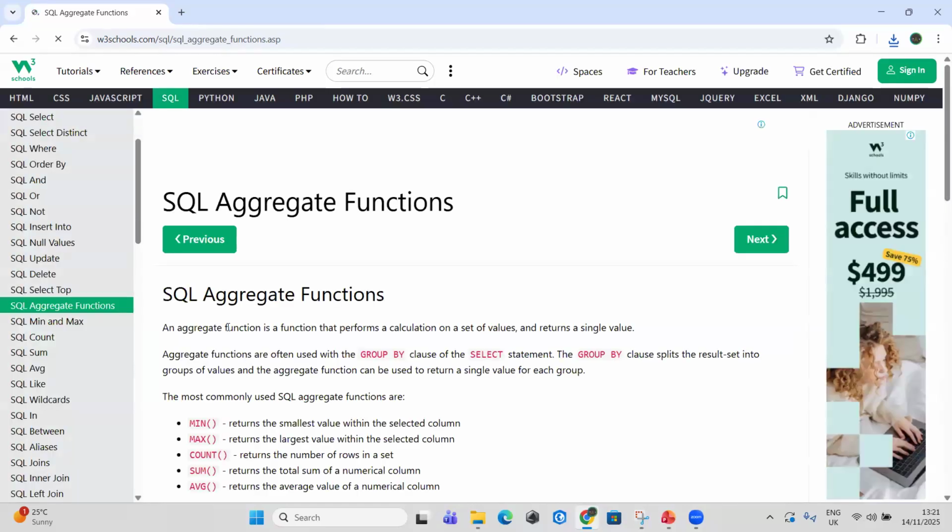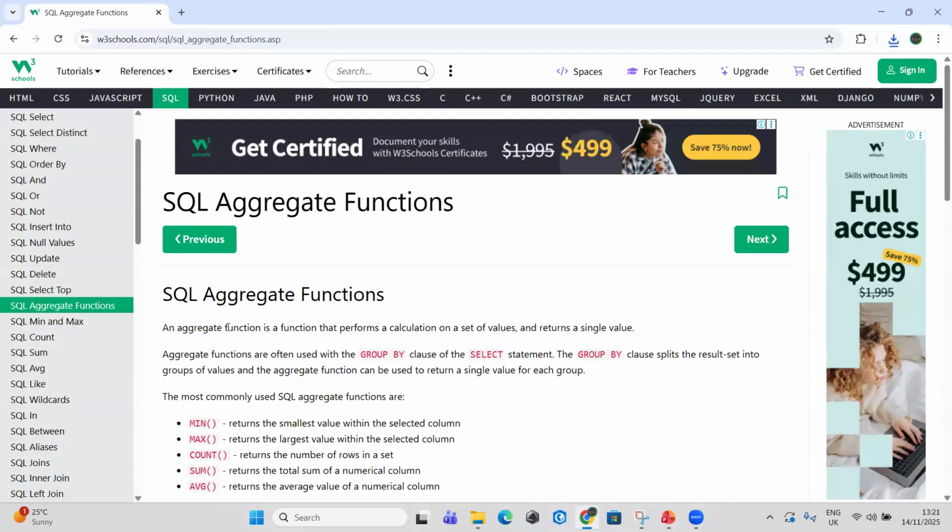Aggregate functions. Now, you know the mathematical operations of minimum, maximum, count, sum, average, right? What is the difference between mean and average? So mean is, for example, if we have five values, it will be the middle one.